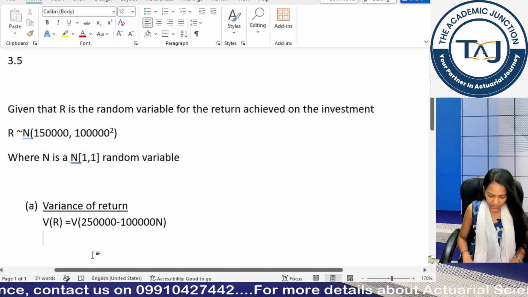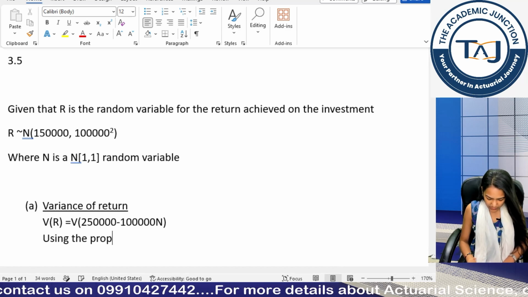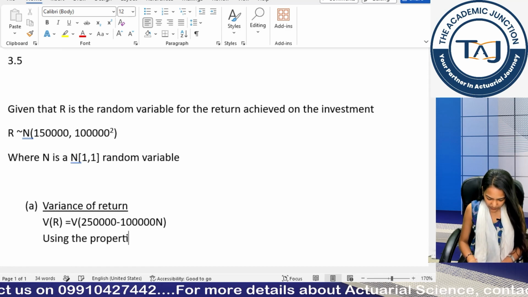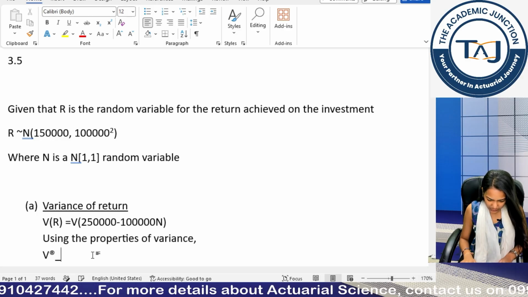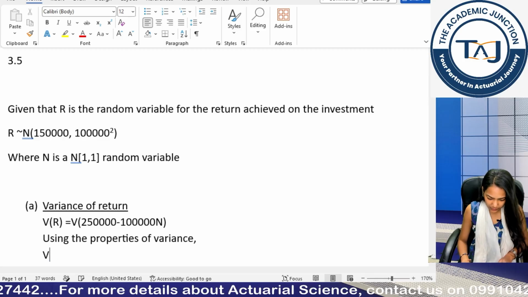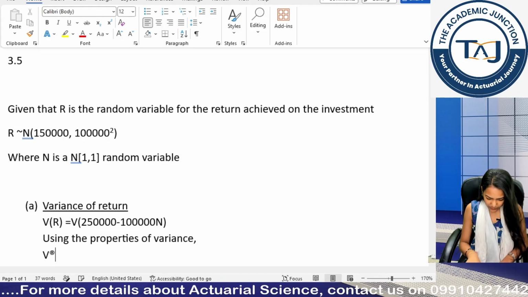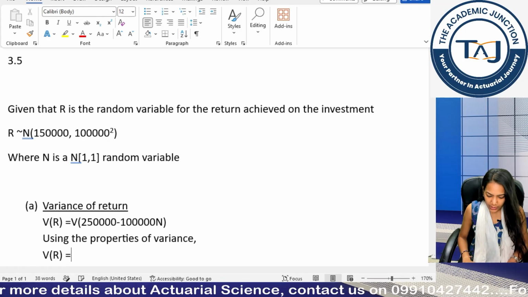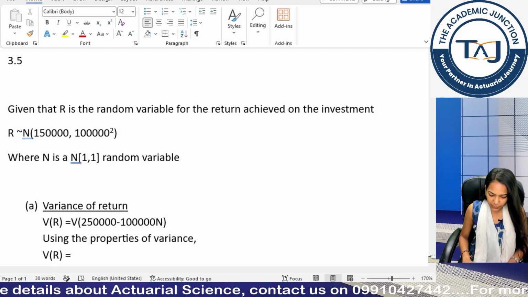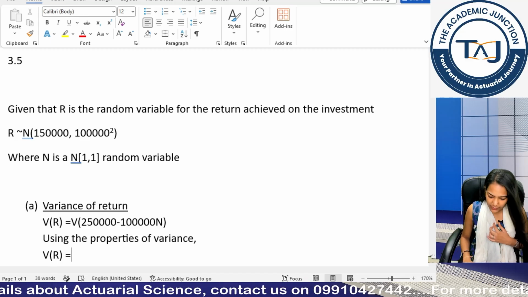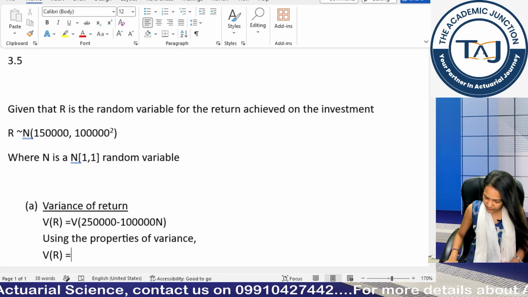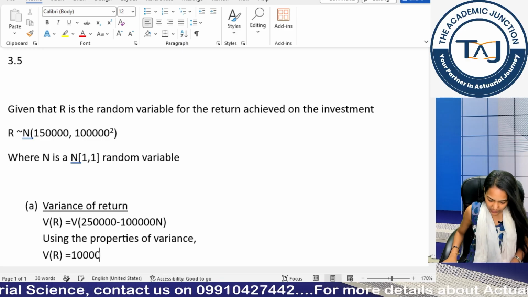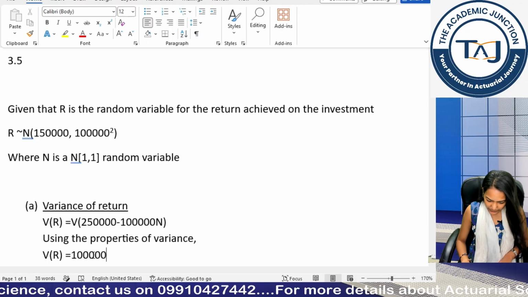Now, using the properties of variance, the variance of R becomes, again Control Z to bring it normal. The variance of a constant is 0, so we put 0, and the negative sign we have. Variance brings it out as positive, so we can write it as 100,000 squared.